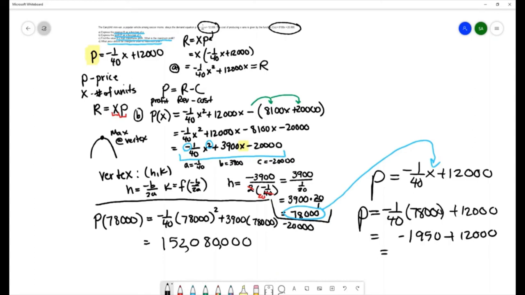And that gives me $10,050. So we should charge $10,050 per vehicle to get a maximum profit of $152,080,000, and we're going to sell 78,000 vehicles at that price.